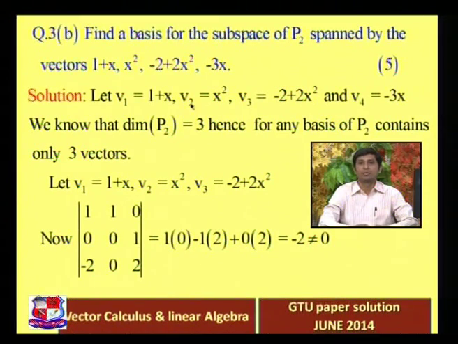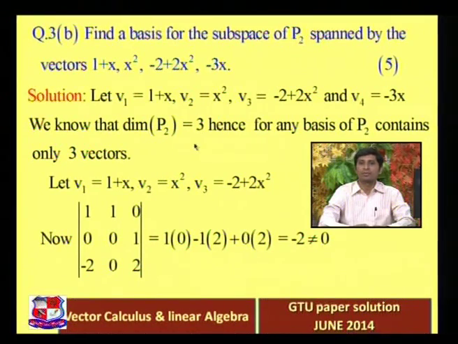Here we have 4 polynomials, right? 1 plus x, x square, minus 2 plus 2x square, minus 3x. So among these 4 polynomials we want only 3 such that they become a basis of P2, right? So just randomly we are considering the first 3 polynomials here.